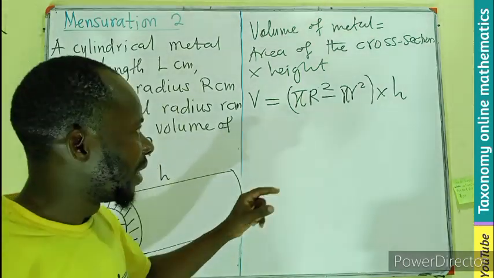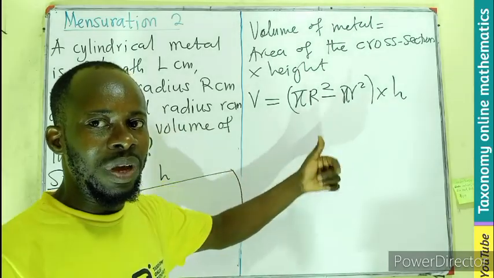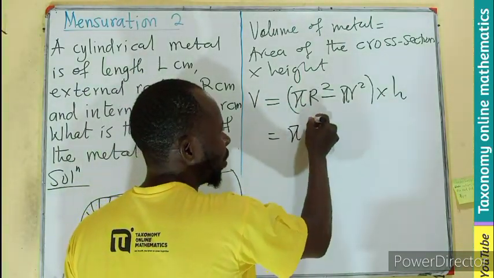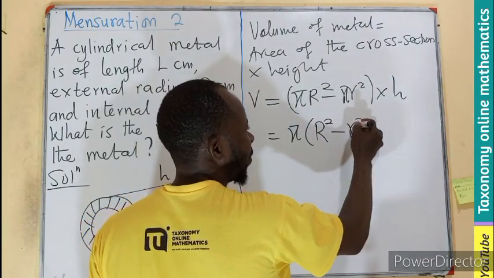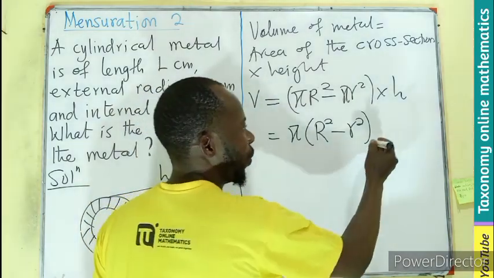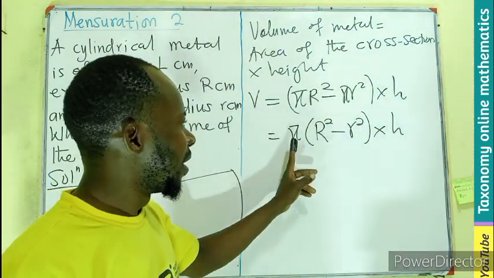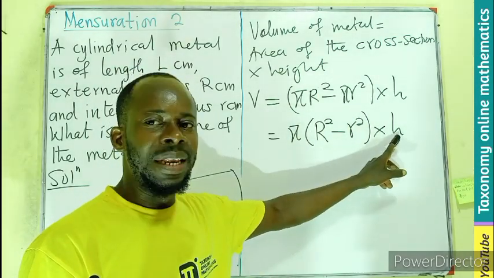But we can see that there is a common factor of pi, which we can factorize. So if I factorize the pi out, I'll be left with R squared, which is capital, minus the r squared, which is small letter, which will still multiply the h. So now we are having three factors: pi is multiplying the bracket, multiplying the h.